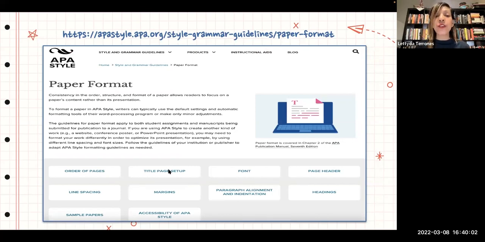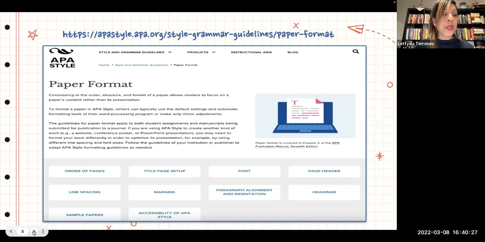On this very page, they'll have different tabs that give specific info, like how to set up the formatting for your title page, how to do the line spacing, how to download a sample paper so you can match your paper to that paper. These are the best sources to use, because they provide you with the exact example for how to format your paper.